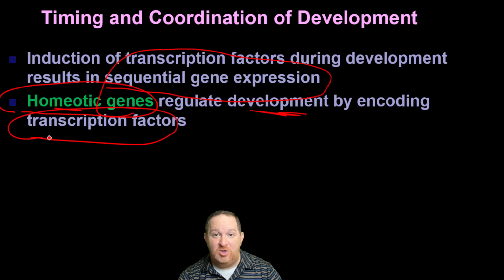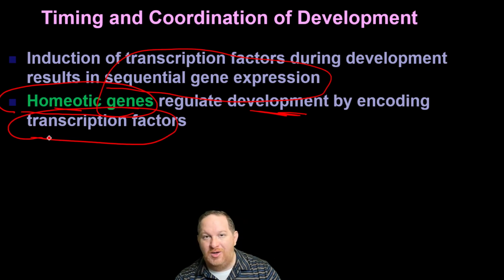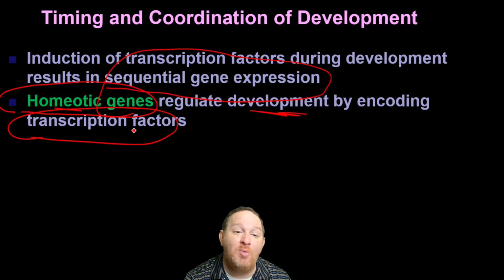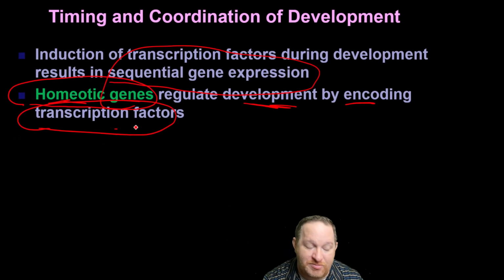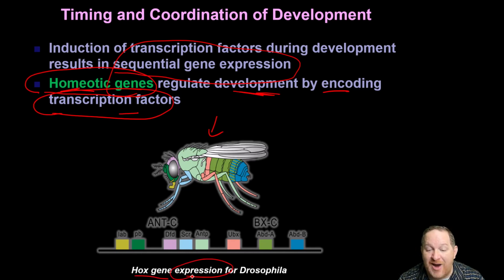So we were saying earlier, these transcription factors have to bind so transcription can occur. Well, where do the transcription factors come from? Well, the homeotic genes encode for transcription factors. So I've pulled up one of our favorite organisms to study, the Drosophila melanogaster, the fruit fly. And it has several Hox genes that are expressed to know whether you make certain parts of the body.